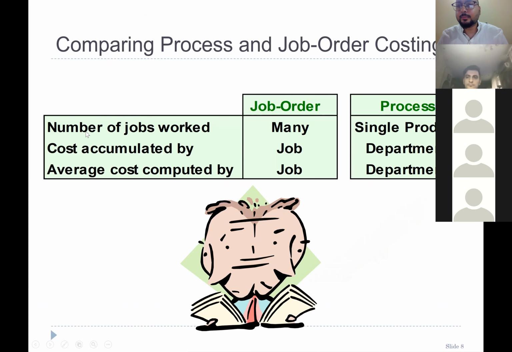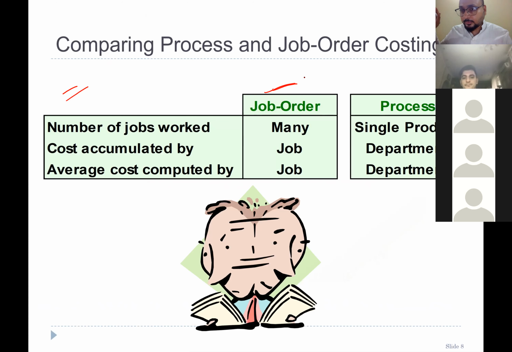So here we go. If we have a very precise comparison regarding process and job order costing, number one, number of job works. In job order, there are many jobs that workers work on. For example, from 9 to 11, they are working on production of mouse.